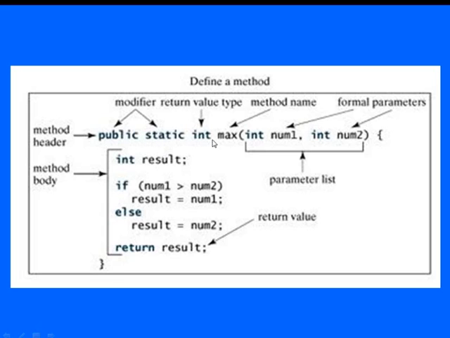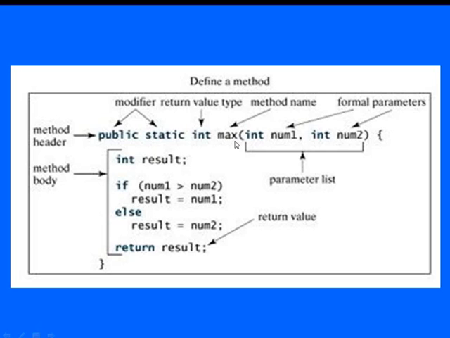Then we have the return type, which is int. Return value type is int, meaning whenever this method is called, it is supposed to return a value and the data type of the value will be integer. Then we have the method name.